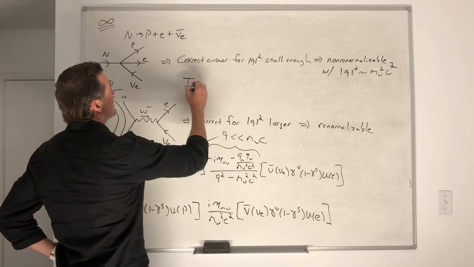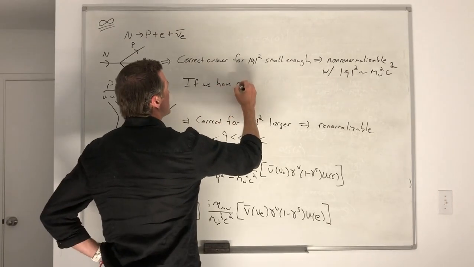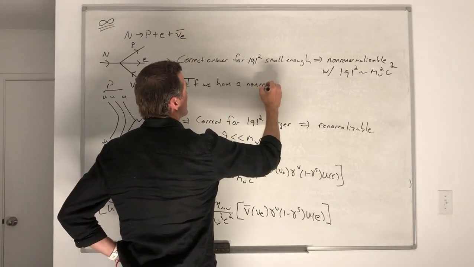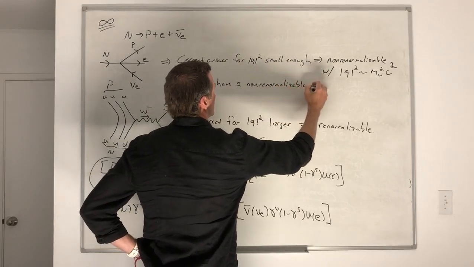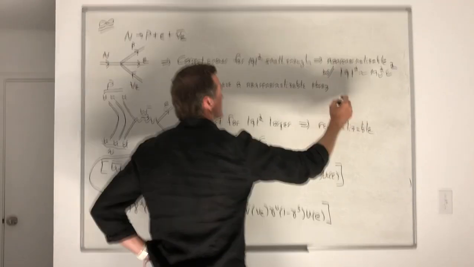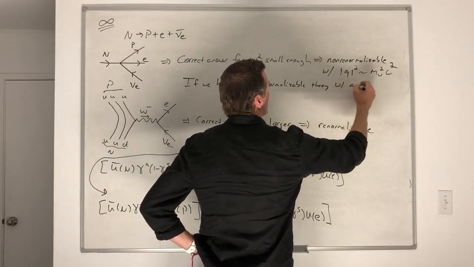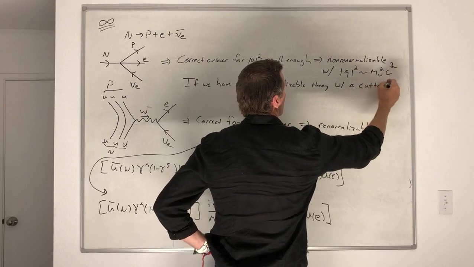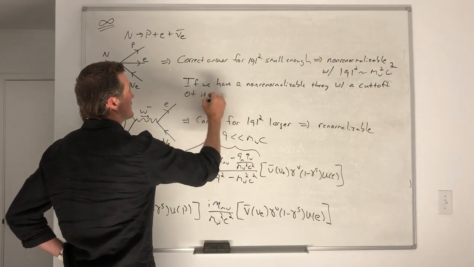If we have a non-renormalizable theory with a cutoff of its validity.